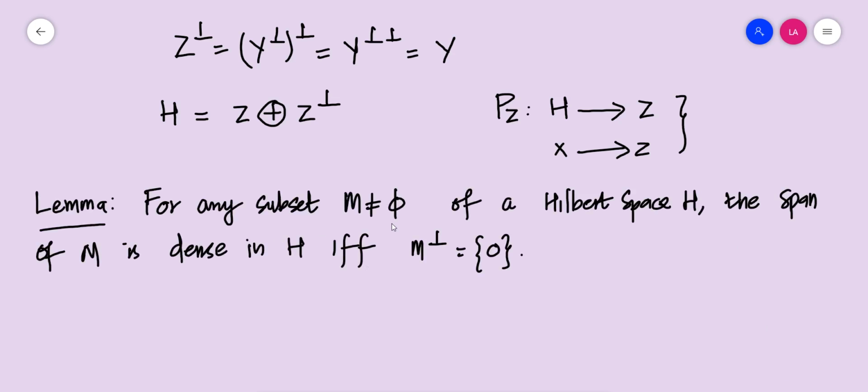The result is: for any non-empty subset M of a Hilbert space H, the span M is dense in H, that is, the closure of span M is equal to H, if and only if M perpendicular is equal to the set {0}. This is called the characterization of sets in a Hilbert space whose span is dense.